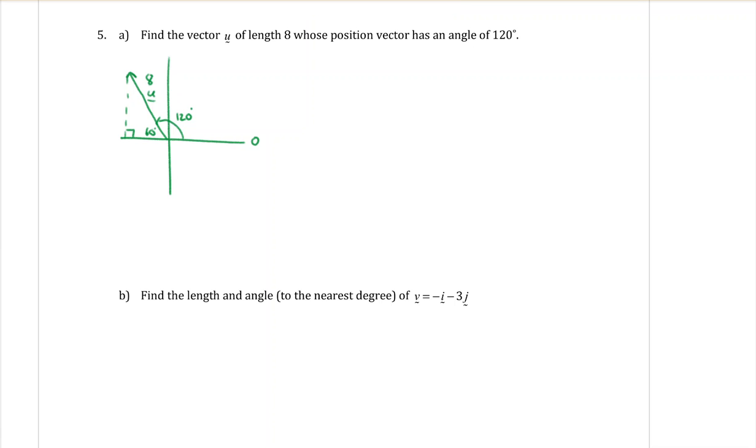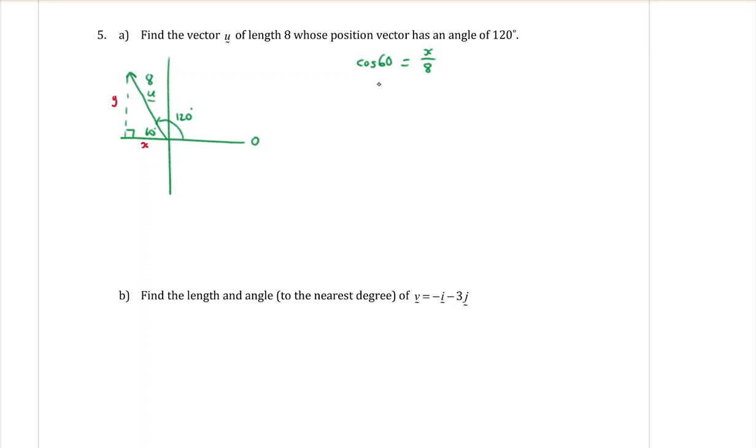Okay, so we are going to find how far along the x-axis we're going that way and how far along the y-axis that way. So we'll do x first. Using the 60 degrees, I'm going to go cos 60 equals x over the hypotenuse, because I've got adjacent, I've got hypotenuse.